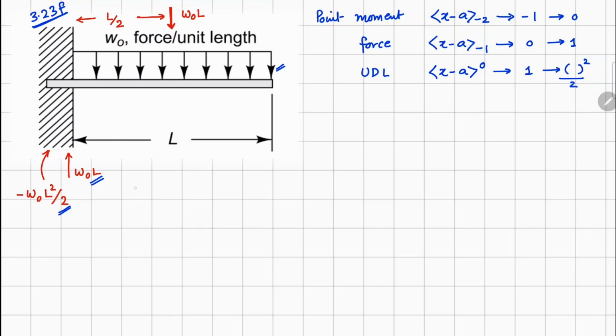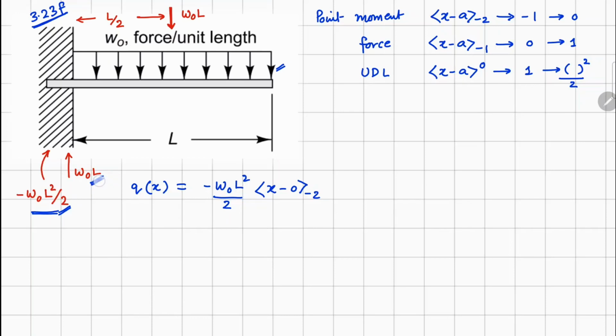So for this, let's write the intensity function q(x). So q(x) in this case, we'll start from here. The first one is your point moment, so minus W naught L square divided by 2. Since it's a point moment starting at 0, it's going to be x minus 0 to the power minus 2.